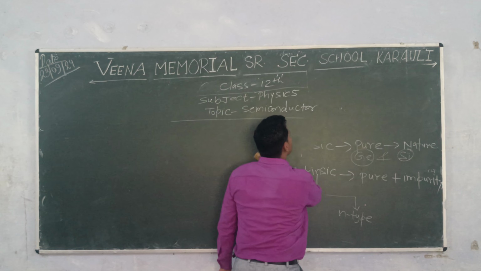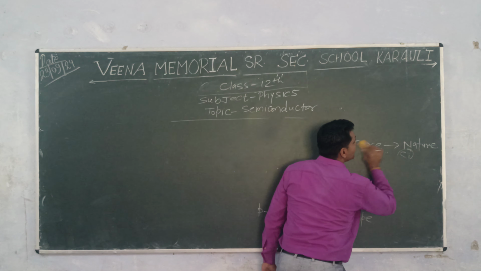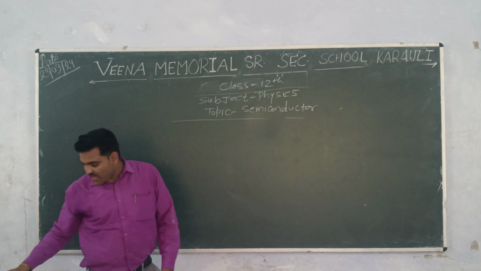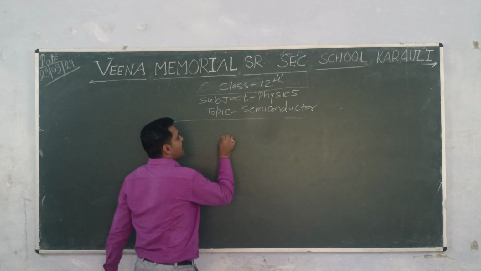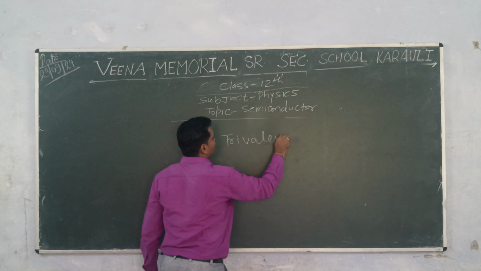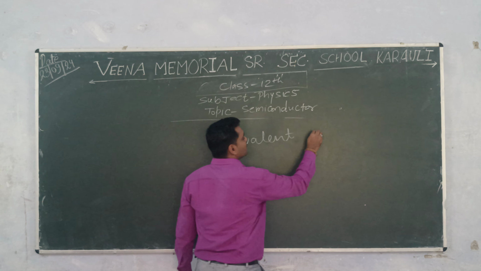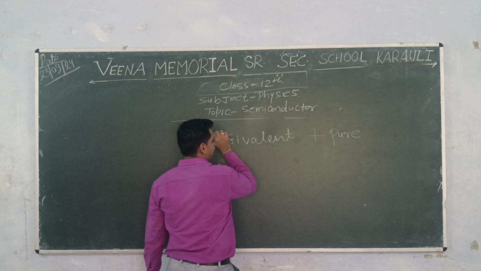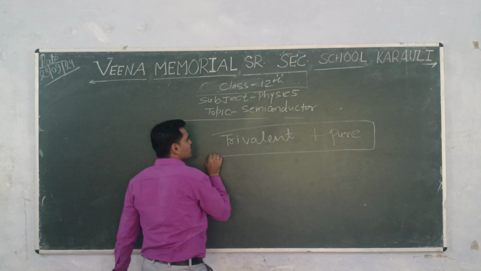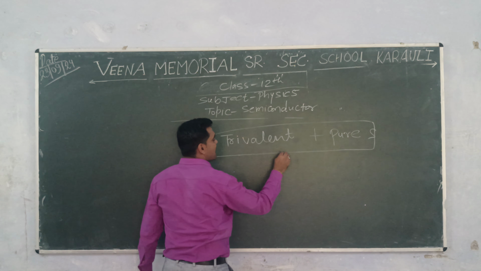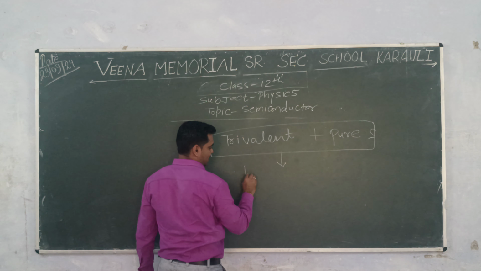Now we are going to discuss, students, when we mix trivalent impurity with pure semiconductor, then we have p-type semiconductor.